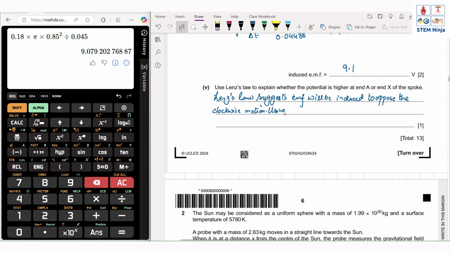Using Fleming's, you can use both right hand, left hand, either way. As you saw, we got the same answer.